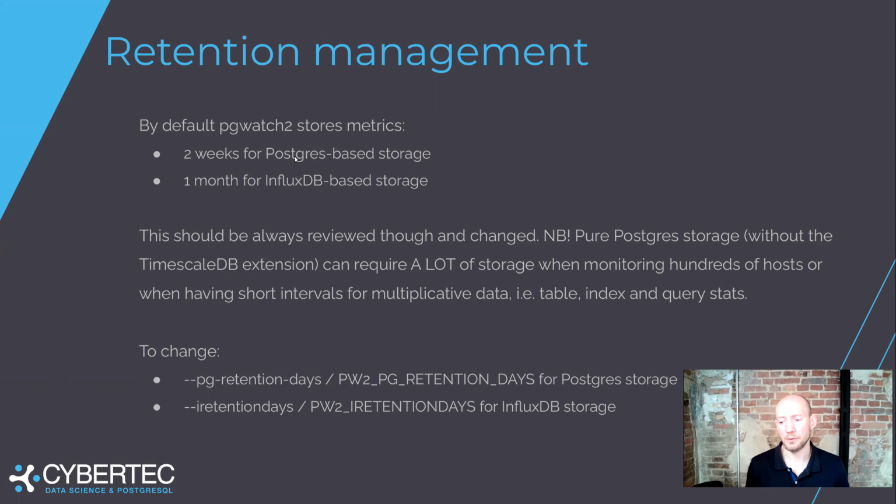The Postgres compression in our use case is not particularly efficient, and for a large number of databases under monitoring, you usually want to use Postgres together with the TimescaleDB extension, or as a fallback InfluxDB storage, which otherwise is not really recommended anymore nowadays due to the query language being kind of limited.